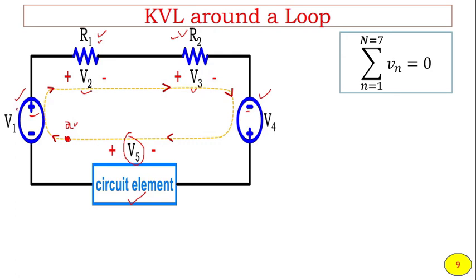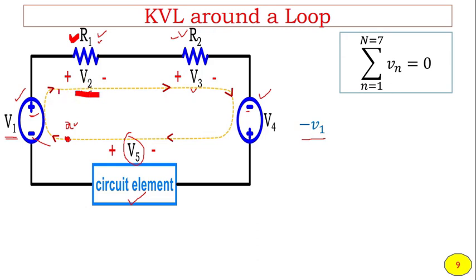The first element is the voltage source with voltage V1, and we will take this voltage as negative voltage since negative polarity appears first. So V1 with minus sign, that is, we will get minus V1. Now the second circuit element is R1 with voltage V2.